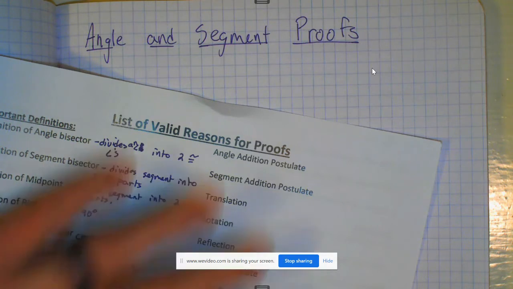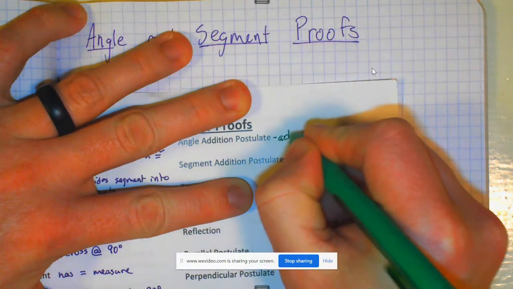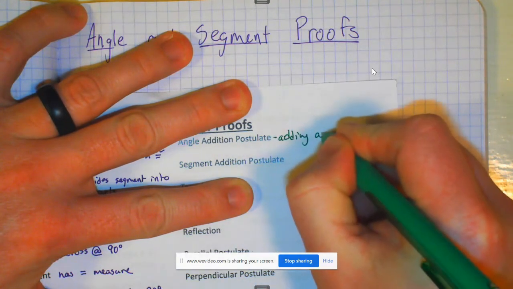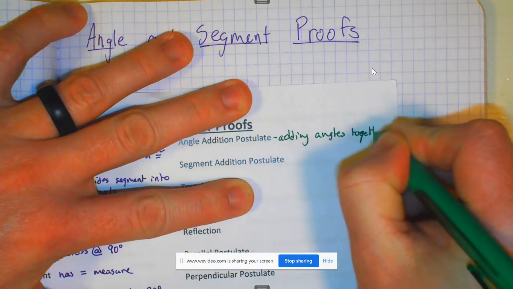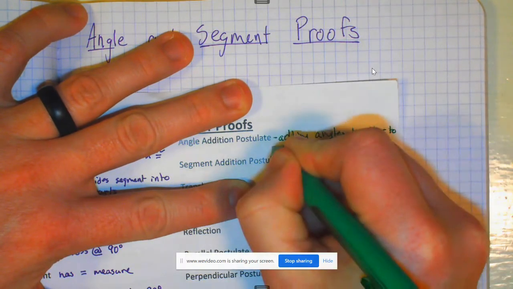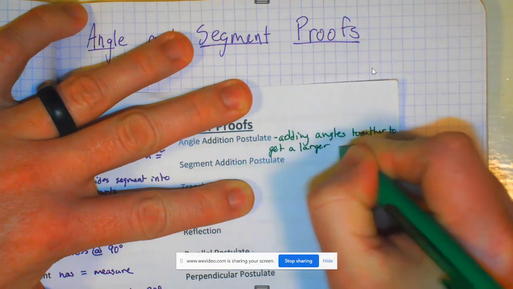The angle addition postulate is adding angles together to get a larger angle.